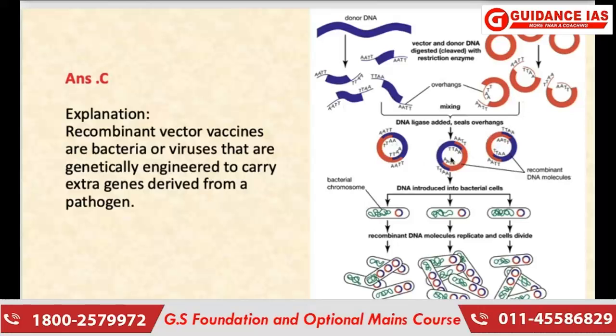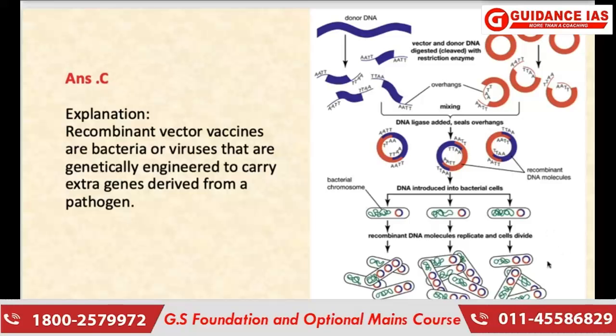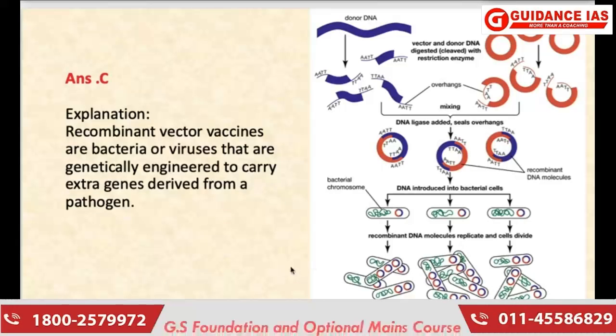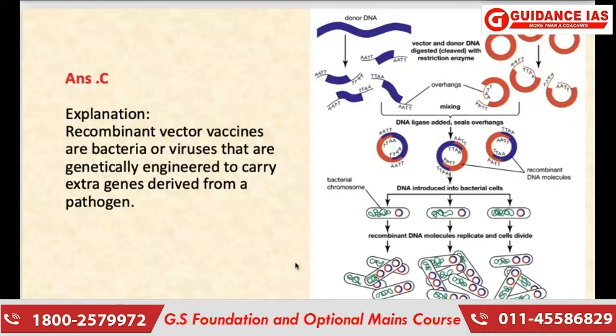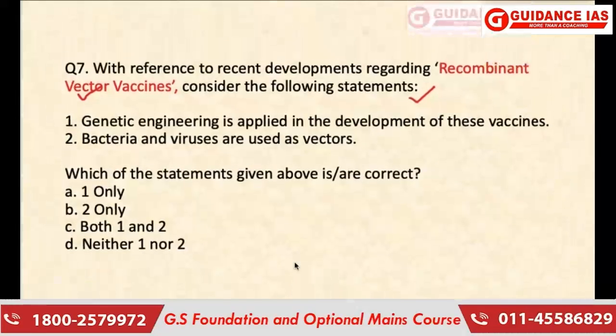We are joining both of them, we are ligating both of them, we are putting them into the bacterial cell, we are letting them replicate, और इसके बहुत सारे ऐसे safe copies हमारे लिए बन जाएंगी. We will inject these safe copies into the human body, and it will produce antibodies, and in turn give us immunity against any particular virus or any particular bacterial disease. All right, I hope it is clear to you. I hope the entire technology is clear to you.